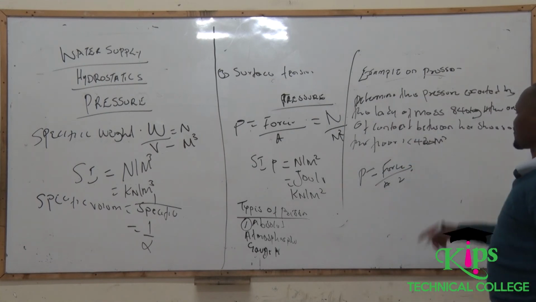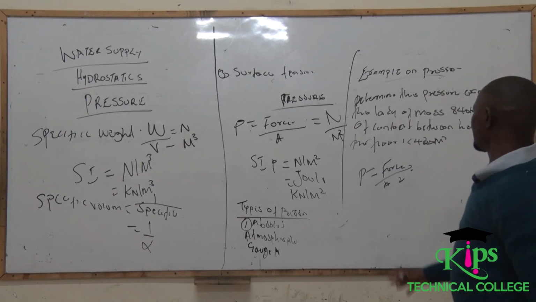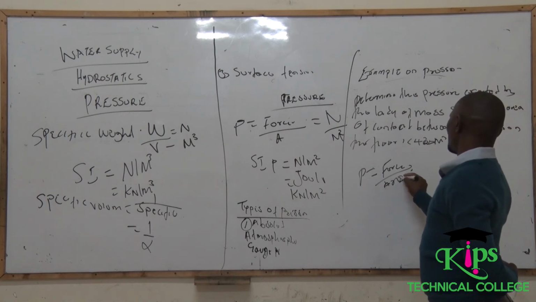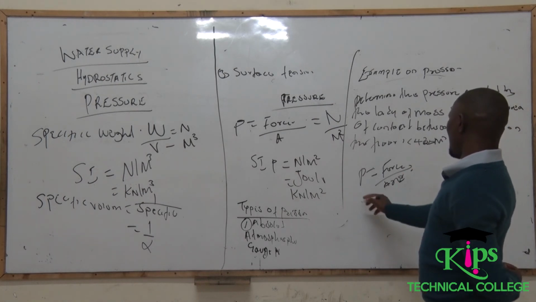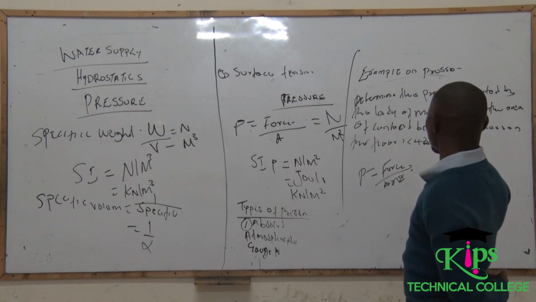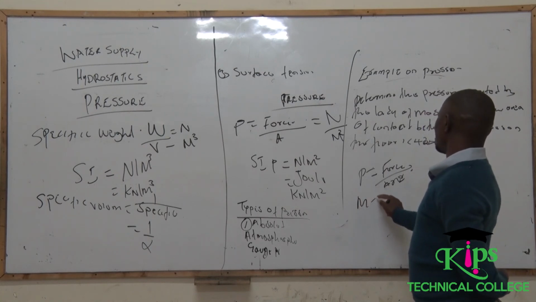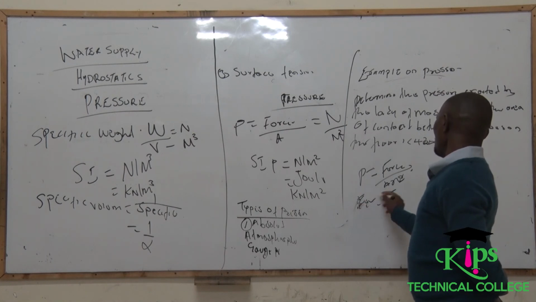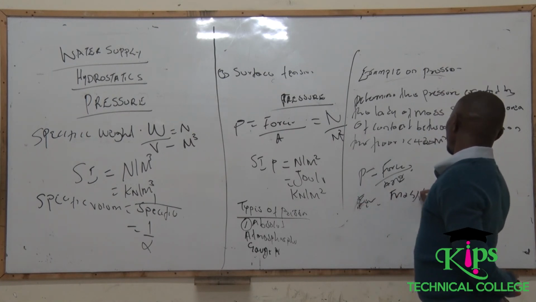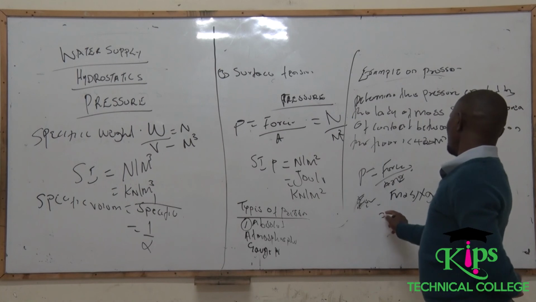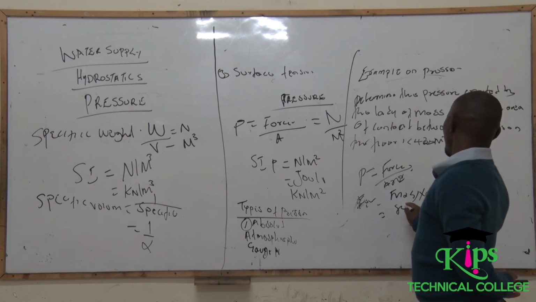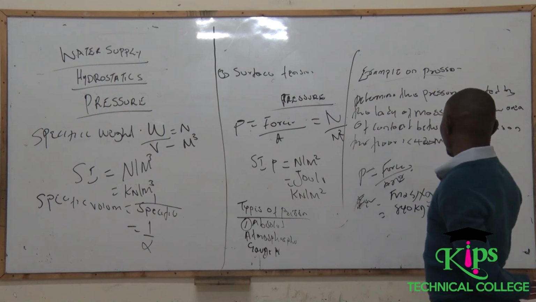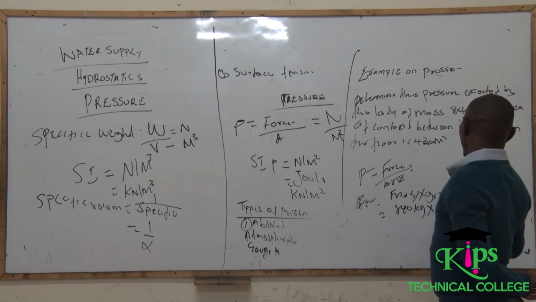Looking at what we are given, we are only given the mass, so we are required to convert the mass into force. The relationship between mass and force is that force is mass times gravity. So we multiply 840 kilograms by the gravity of the earth, which is 10 Newton per kilogram.